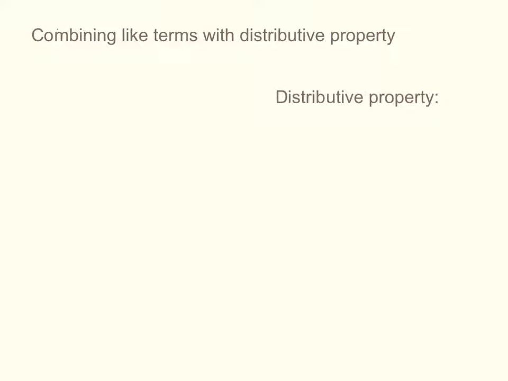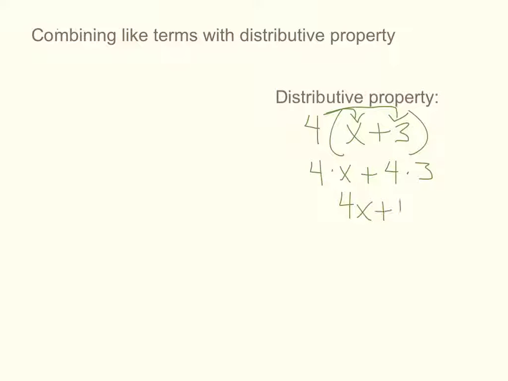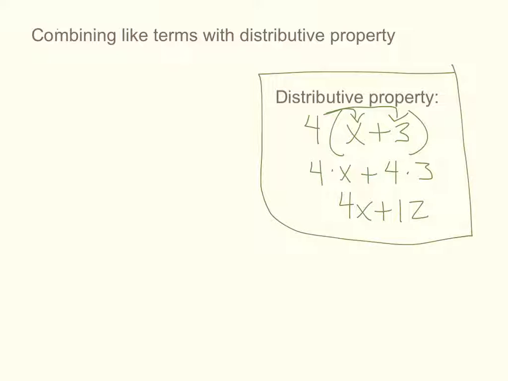Distributive property means if I have a number in front, say 4, and I have stuff on the inside of parentheses like x plus 3, I'm going to take 4 times each of those things because I'm distributing that 4 out to each thing in the parentheses. So that would be 4 times x plus 4 times 3, which is essentially 4x plus 12. So just a little refresher on what distributive property means.